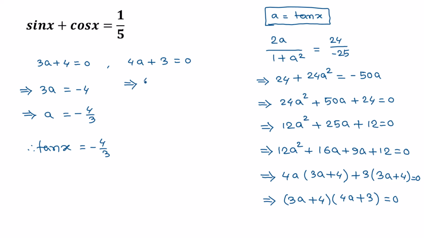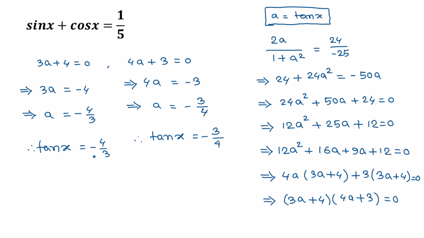And when 4a plus 3 is equal to 0, taking 3 to the right side, we get 4a is equal to negative 3, or dividing both sides by 4, we get a is equal to negative 3 over 4. Similarly, substituting a as tan x, tan x is equal to negative 3 over 4.